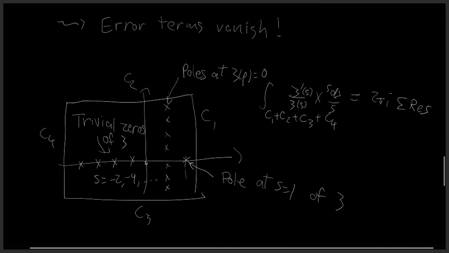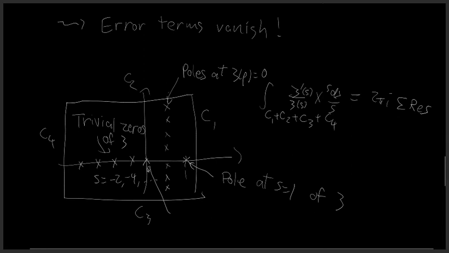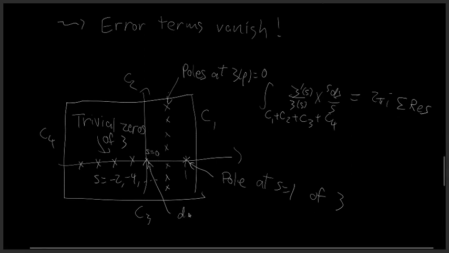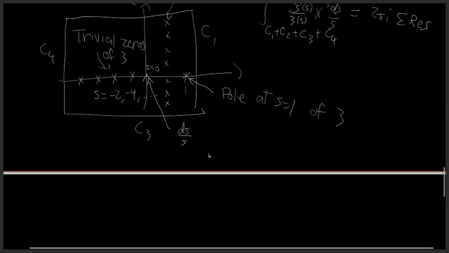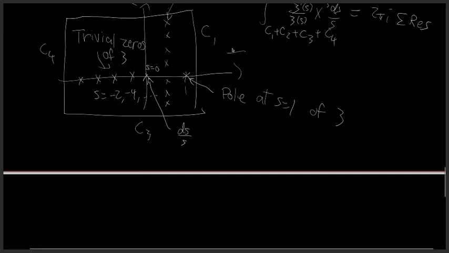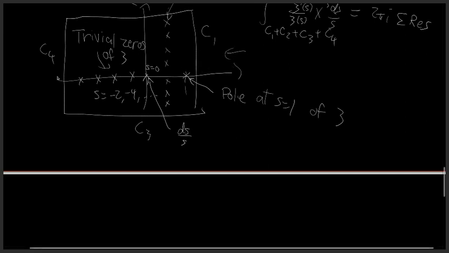And then finally we have a residue right here at 0 coming from the ds over s, right? When s is 0, we get a simple pole. So we have all of these. So we have these 4 categories of poles that we need to add up. So let's do them from right to left.